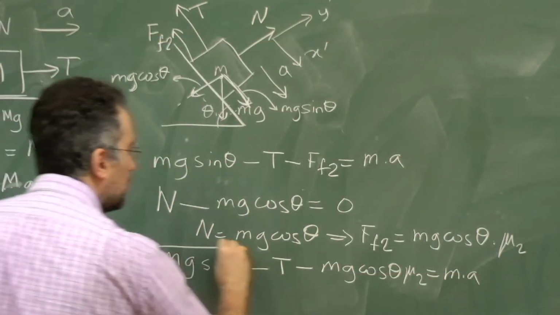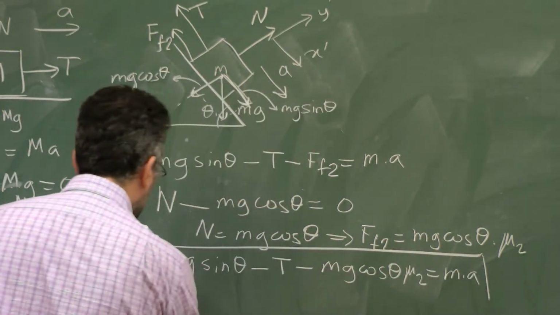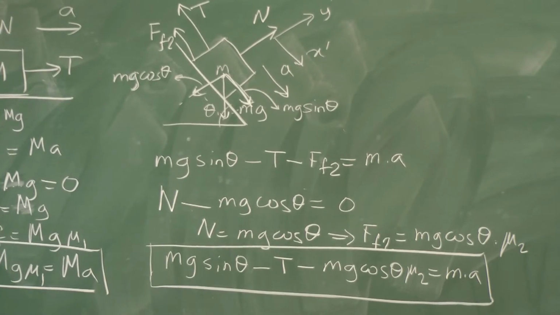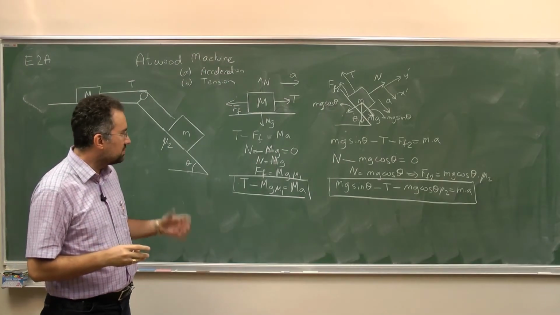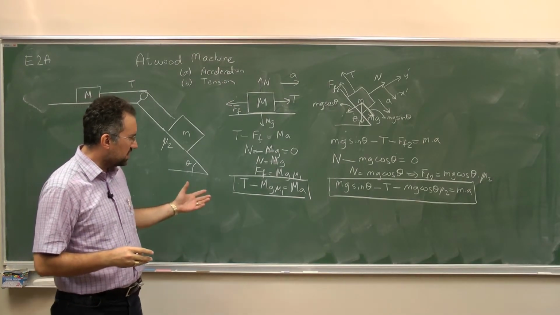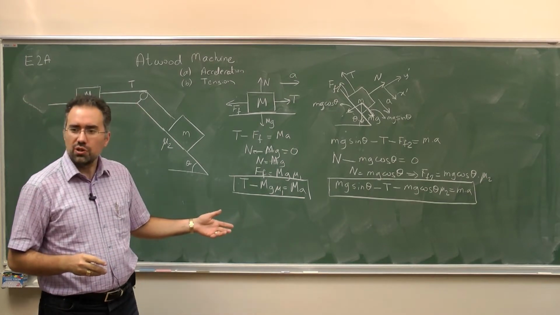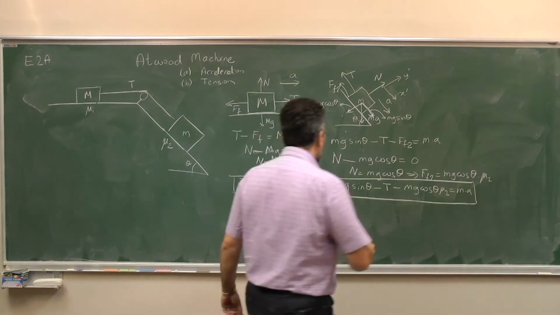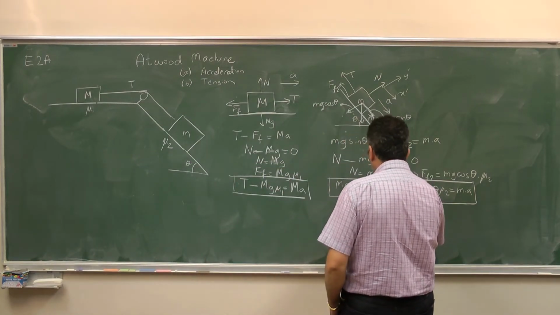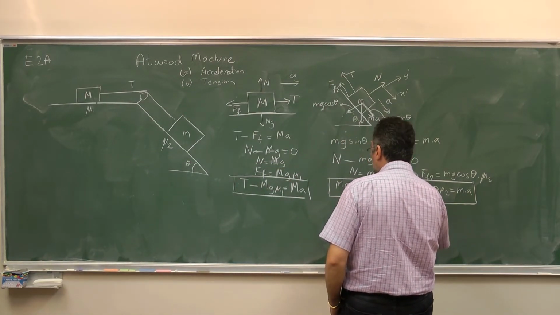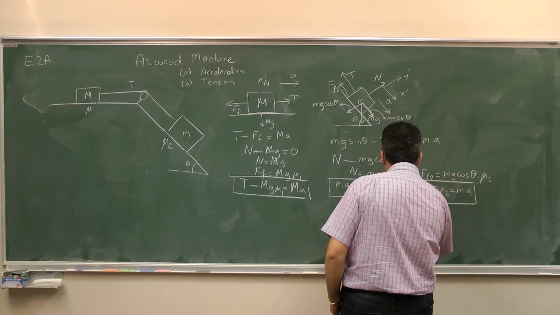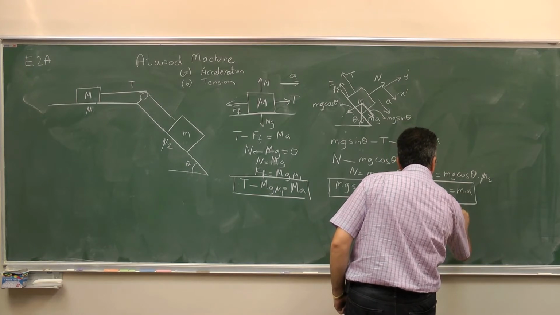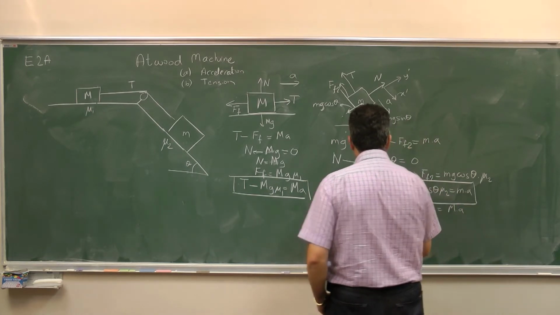Equation number 2. I have T and A, should be doable. Usually if you have a single tension, the same trick will work. Adding the equations side by side always cancels that. So if I put that over here, I have T minus capital Mg mu1 equals mass times acceleration. Add them together.